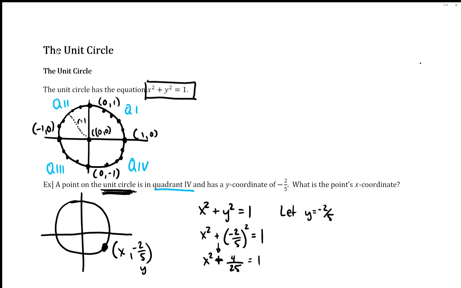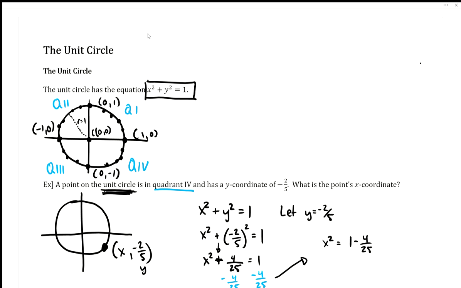And then we need to get the x squared by itself, so we'll subtract that 4/25 from both sides, like so. And then let me just draw an arrow so we can fit it on the screen still. Okay, so we've got x squared equals 1 minus 4/25. Okay, so this just needs a little bit of scratch work.